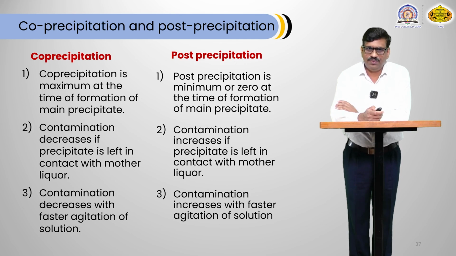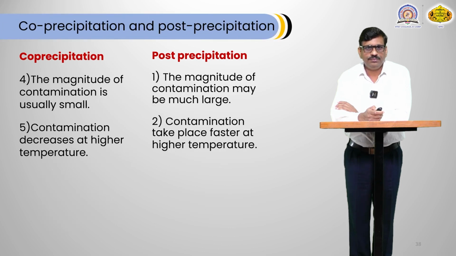In post-precipitation, contamination increases if precipitate is left in contact with mother liquor, because post-precipitation occurs after some time when our main precipitate remains in mother liquor for a long time. Third point, contamination decreases with faster agitation of the solution, and in case of post-precipitation, contamination increases with faster agitation of solution.